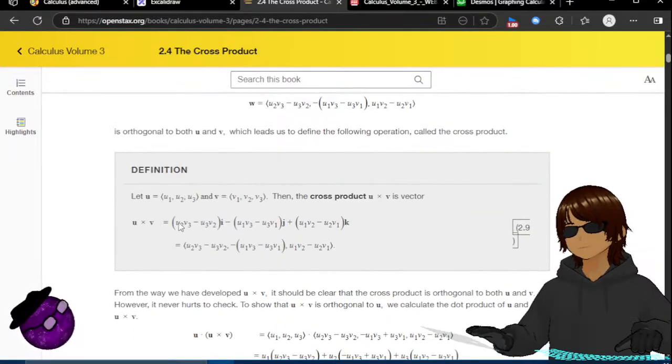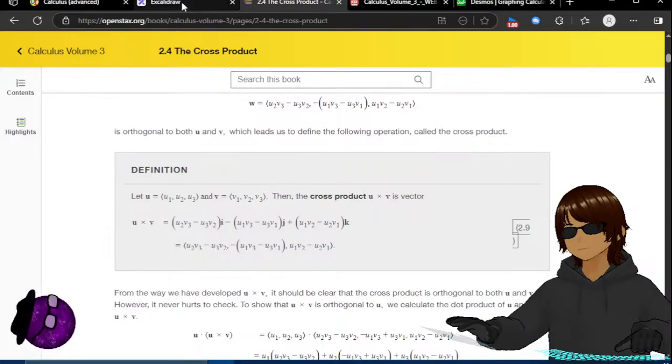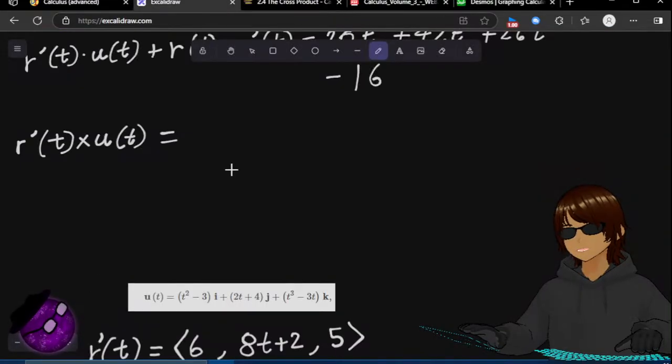So I think I will remember it easier with determinants.